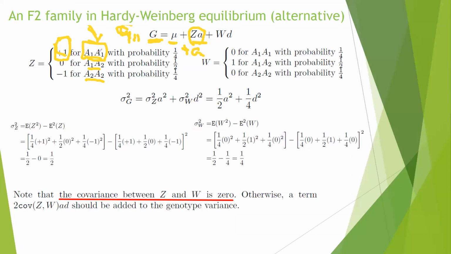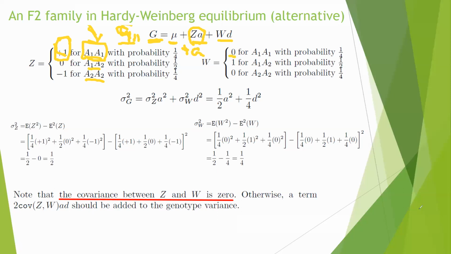And because this is a homozygous genotype, there's no dominance effect for A1, so we define W equals 0 for this genotype. Make sense? Okay.